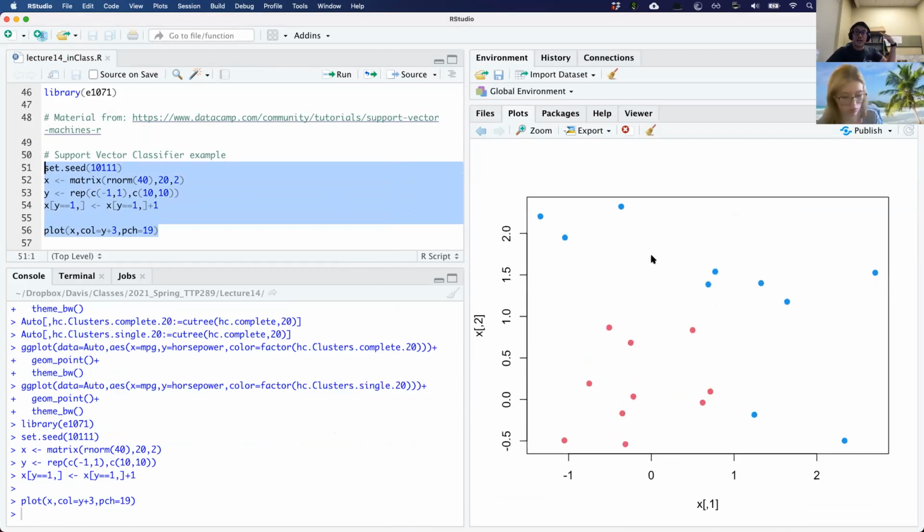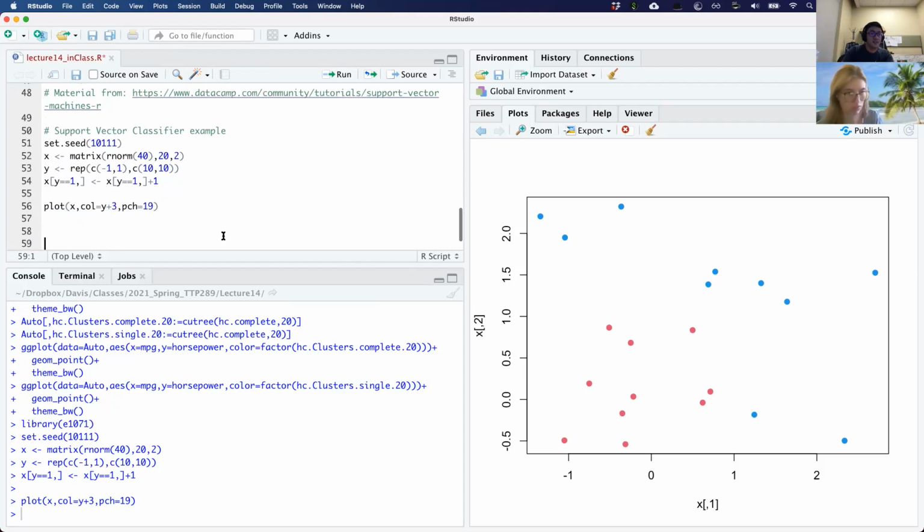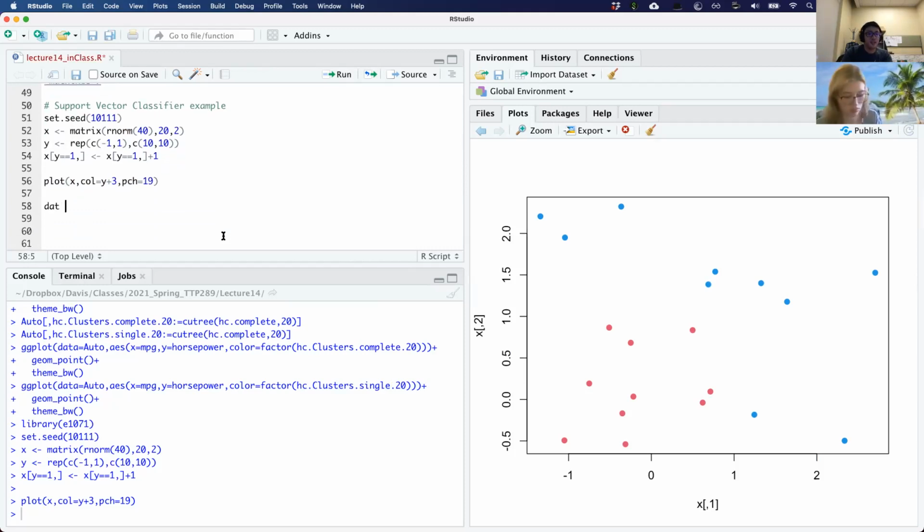Okay, so we've got this set of points over here. I'm just going to make this into a data table. And my Y's are just a separated factor indicating essentially red or blue, so that you're grouping your points in a certain way.